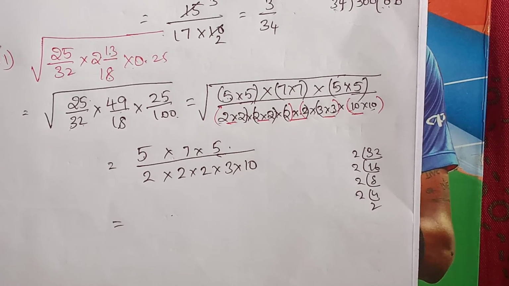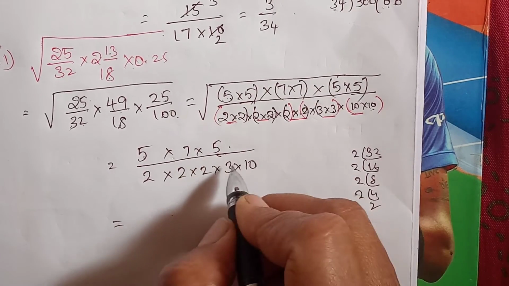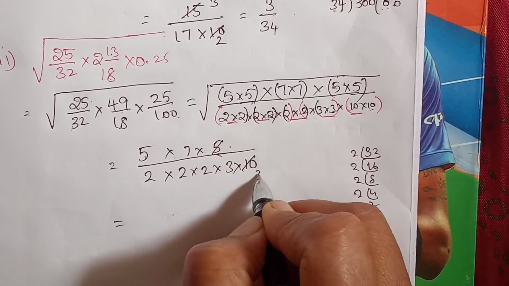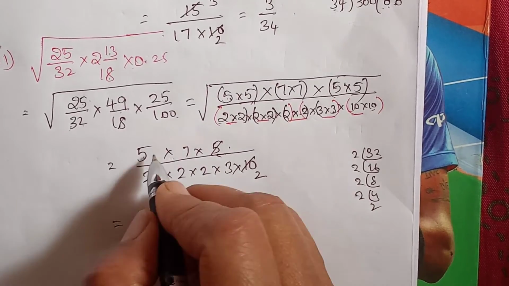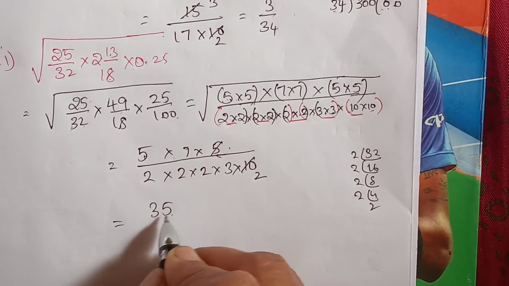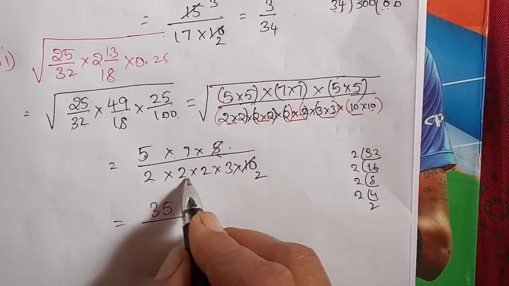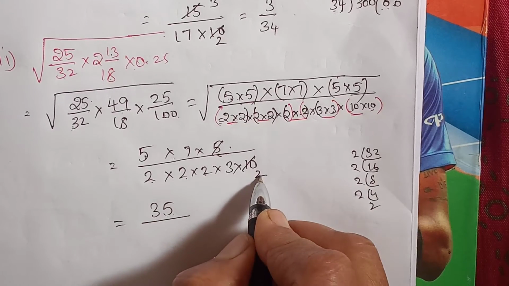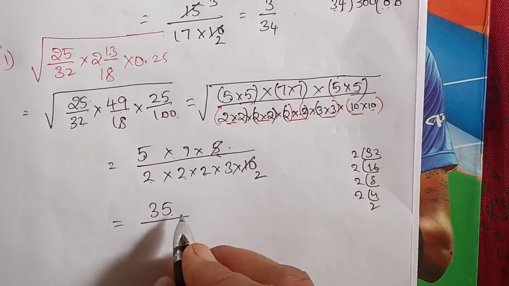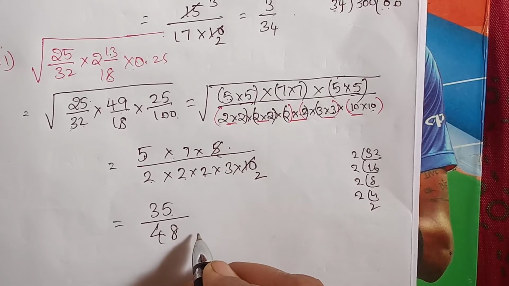Yeah, we can cancel also here children. 5 ones are 5, 5 sevens are 35 by 2 twos are 4, 4 twos are 8, 8 twos are 16, 16 twos are how much? 48 is the required answer.